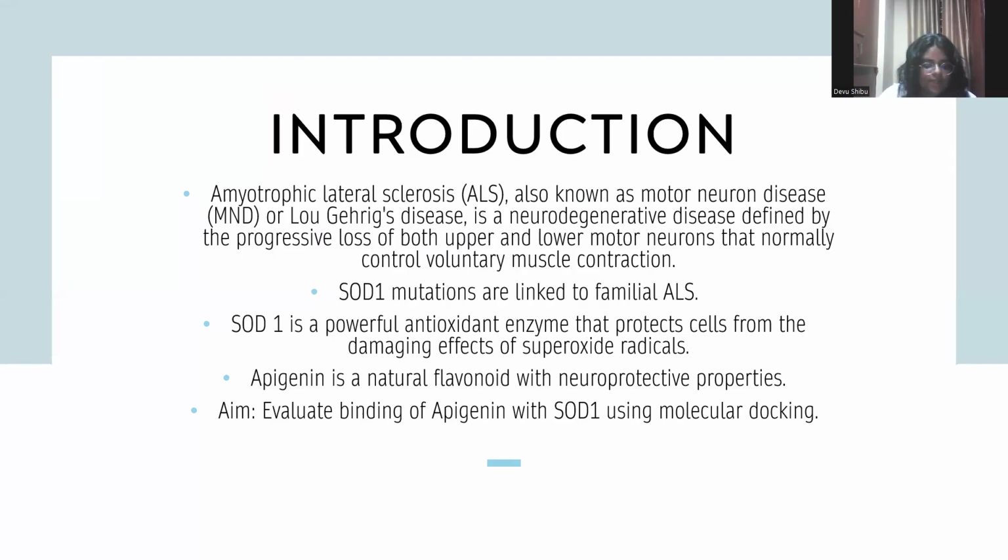And that's where Apigenin comes in. Apigenin is a natural flavonoid with neuroprotective properties. Through various mechanisms and research, we have known about the neuroprotective properties of Apigenin, and one of the key mechanisms is activation of NRF2/ARE signaling pathways, thereby enhancing the cellular antioxidant defense system.